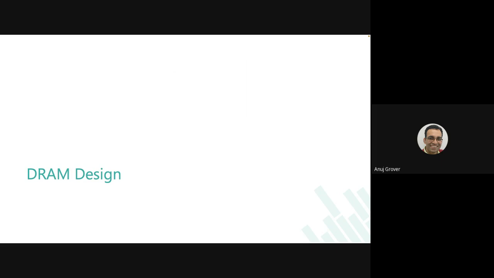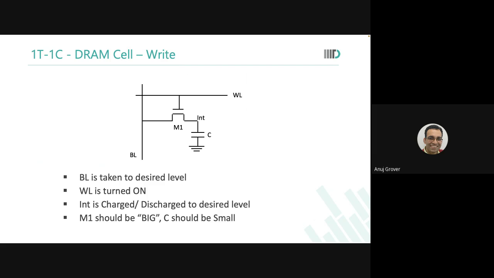So if refresh has to happen because of leakage, then at what temperature or at what PVT would you need more refresh? So leakage is higher at higher temperatures.